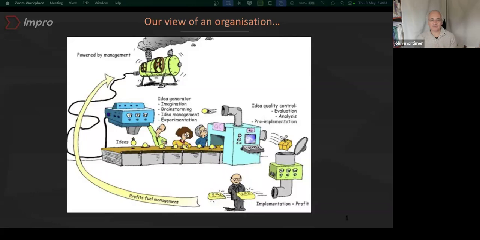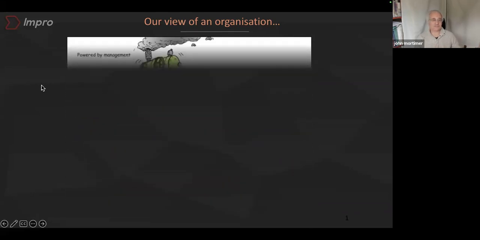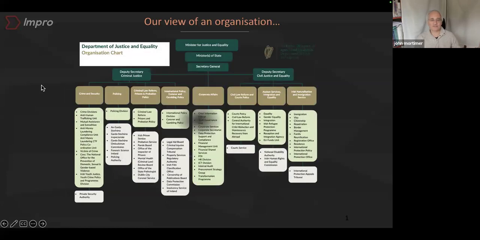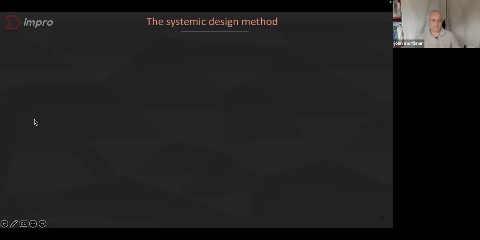Well, of course, what they normally produce is the usual thing, which is this, which of course is quite pointless in terms of understanding how an organization really works. So I put that aside, and what the Vanguard method helps us to do is to look at an organization from a very different perspective.